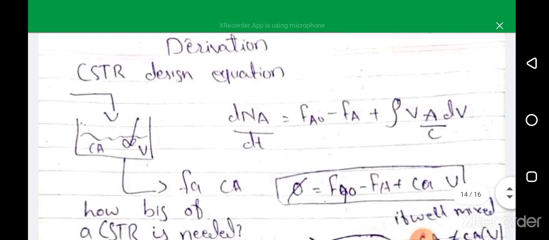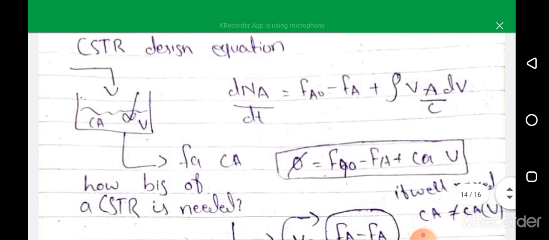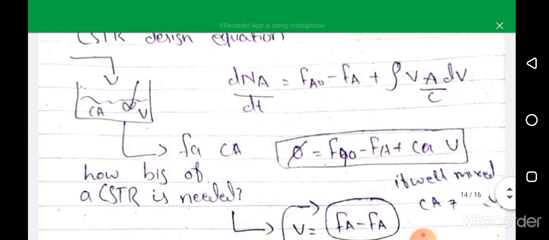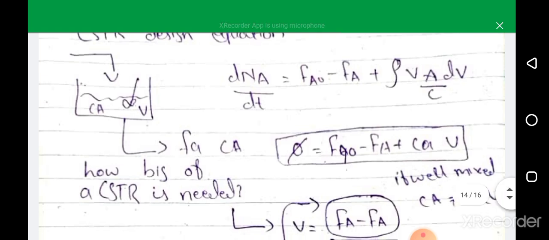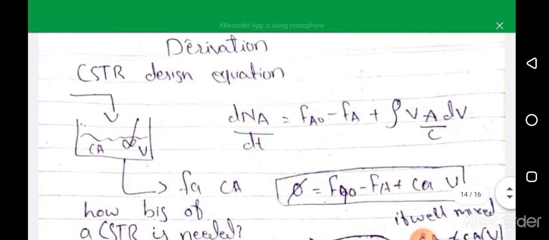Now I derive the CSTR design equation. Look at this. We are considering it, and secondly we have drawn a figure because I am lecturing about this CSTR design equation.